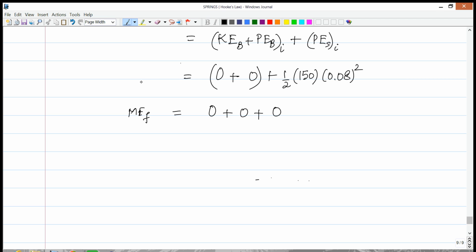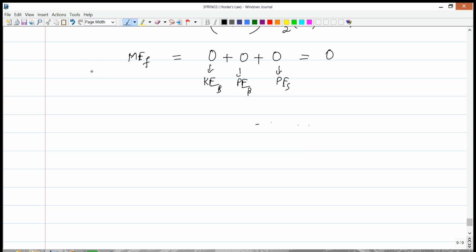Once again, the block is not moving, so the kinetic is 0. The potential energy is also 0 for the block. And the spring is unstretched, so its potential energy is 0 as well. So the final mechanical energy for the system in this problem is simply 0. Great. So we're one step closer now.